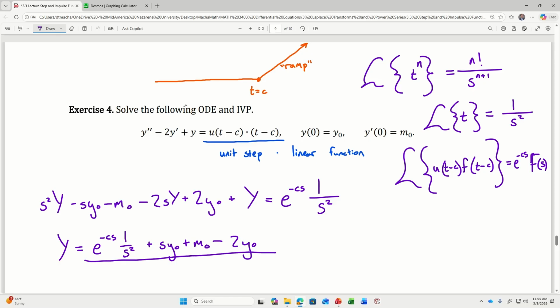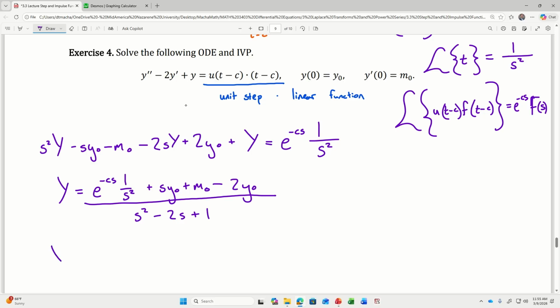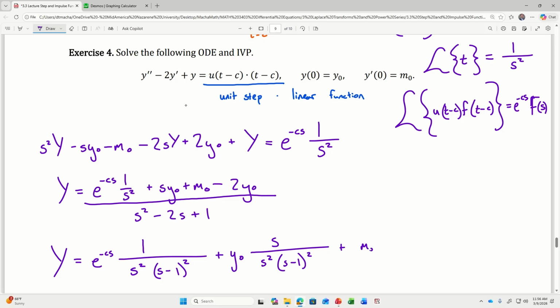And we divide by s squared minus 2s plus 1. So that quadratic factor is s minus 1 squared.